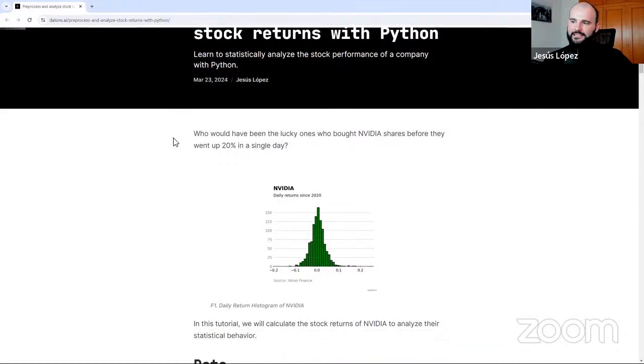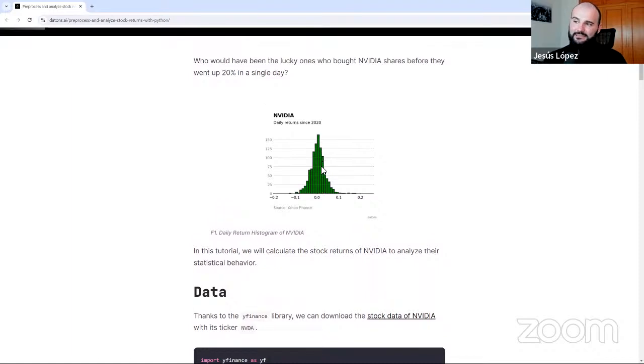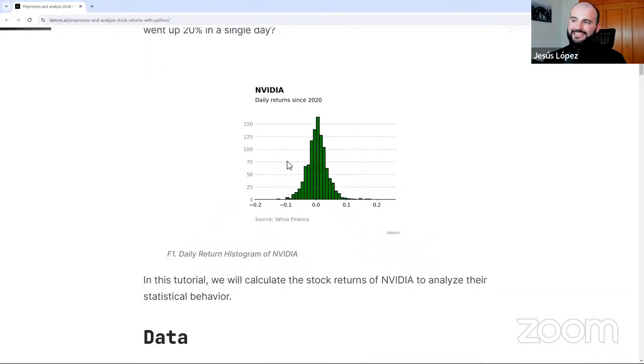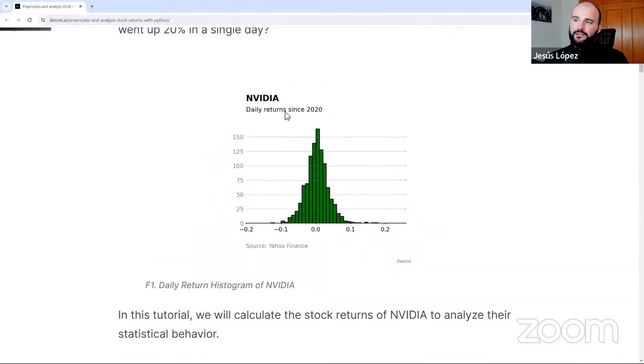So let's get started. We have this data visualization that is a normal distribution of the histograms. They tell us the returns since 2020 on the NVIDIA stock. You can see that in the y-axis, we have the number of days that we had a certain interval of data.